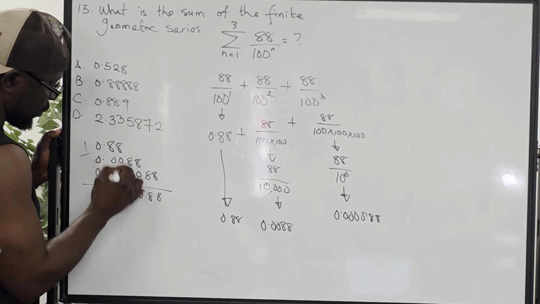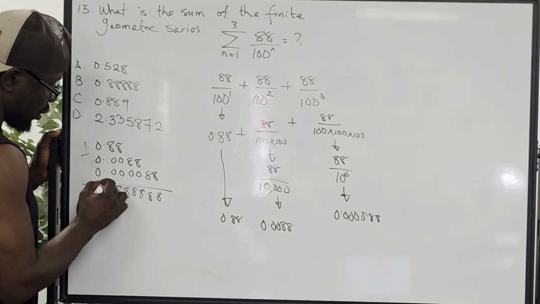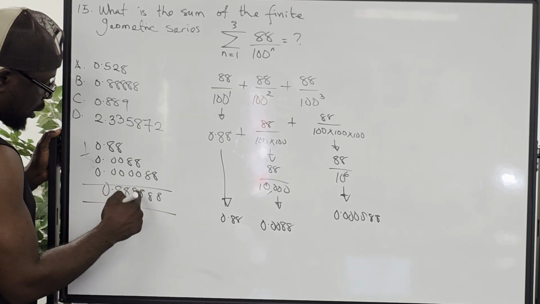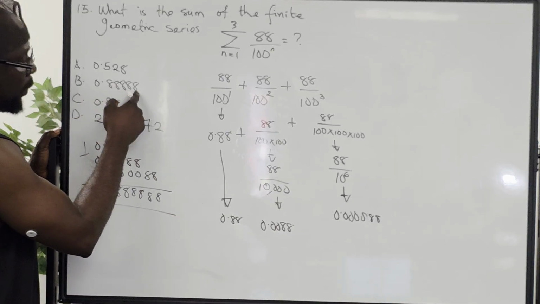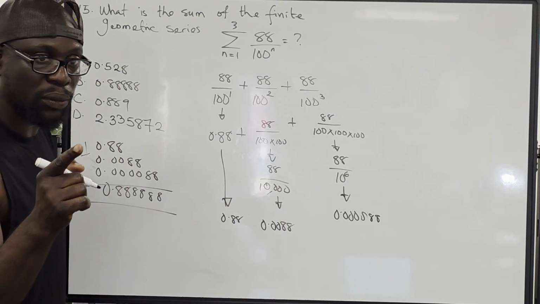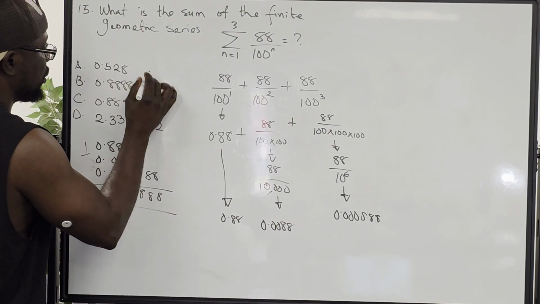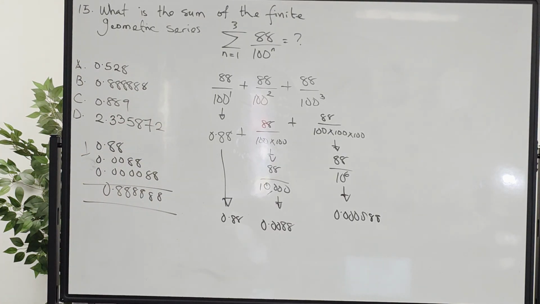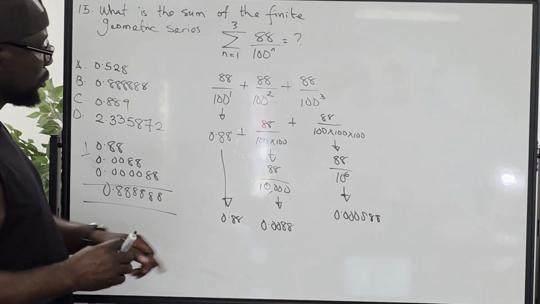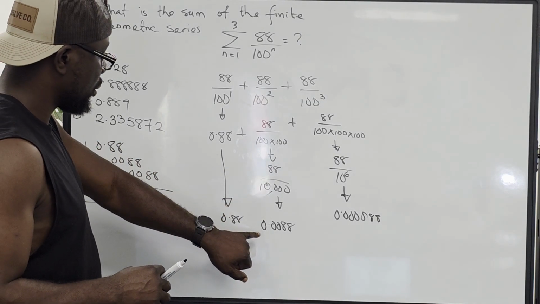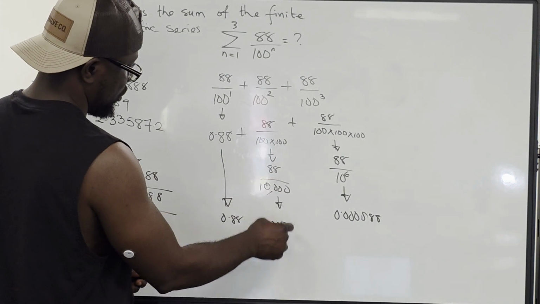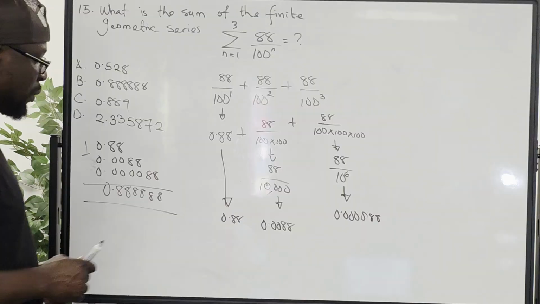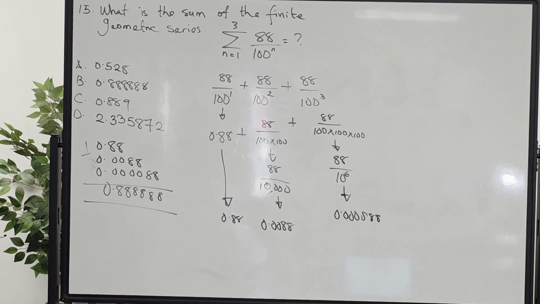So your answer is 0.888888. 1, 2, 3, 4, 5, 6. I think I wrote it wrong. 1, 2, 3, 4, 5, 6. Yes. So that is your answer.